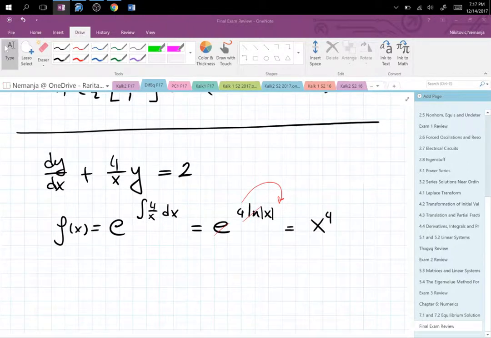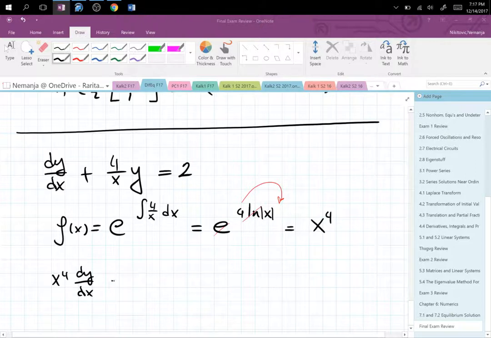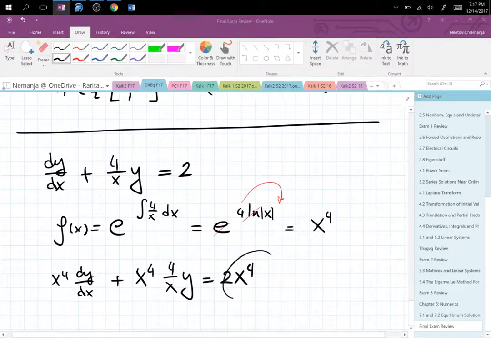So now that's the magic number that we have to multiply everywhere. So we have x to the 4th dy/dx plus x to the 4th times 4 over x y is equal to 2x to the 4th. Generally you forget x to the 4th on that right side, and that really ruins your day.